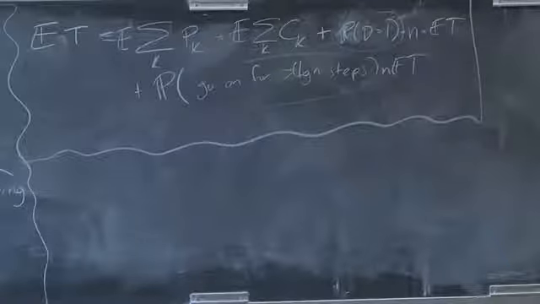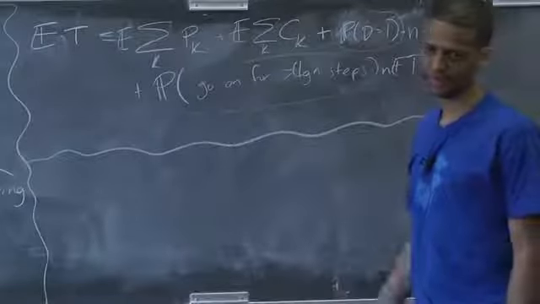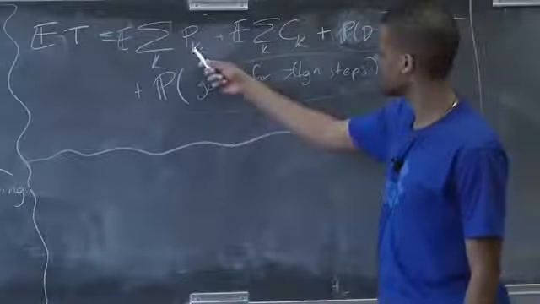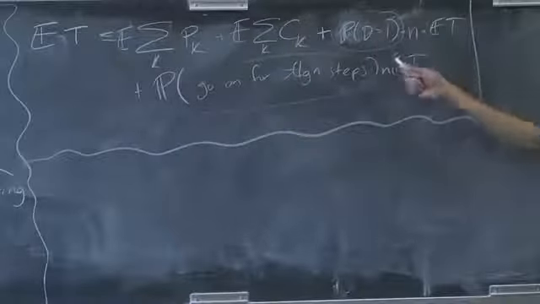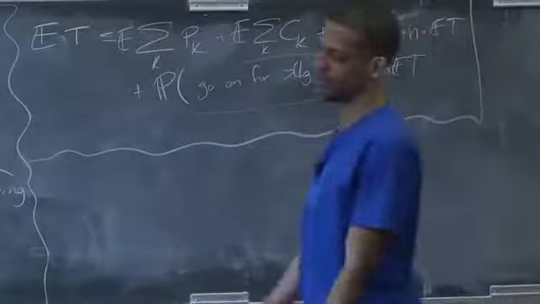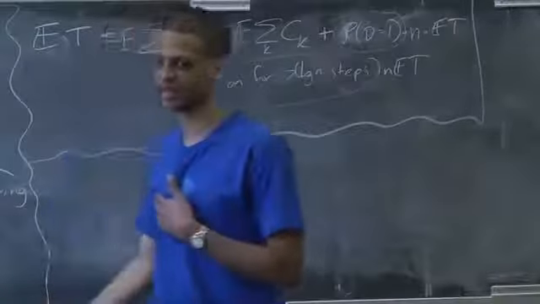So now we need to bound the expectation. We're going to use linearity of expectation. We need to bound the expectation of P_k, the expectation of C_k, and the probability D equals 1 as well, et cetera. So let's look at the expectation of P_k, which is just the probability of having a path of length bigger than or equal to k.